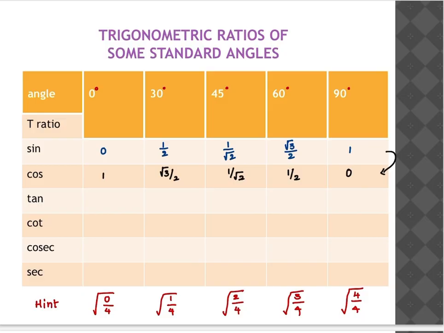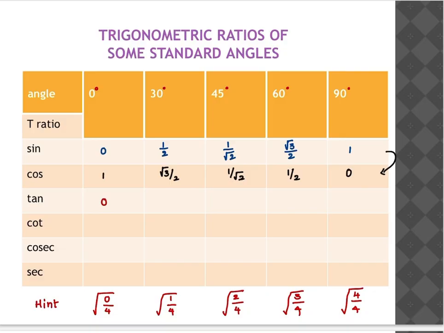Now to find the tangent value, we already know, as discussed in the last class, that tan theta is equal to sin theta upon cos theta. By taking the ratio of sine and cos, we get 0 by 1, which is 0 only.